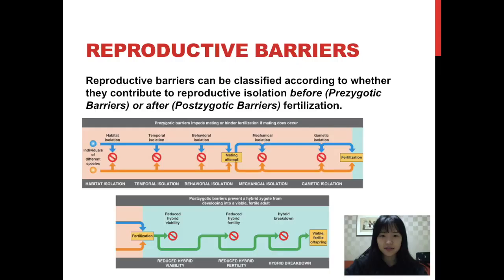It's formed of prezygotic barriers and postzygotic barriers. Prezygotic barriers include habitat isolation, temporal isolation, behavioral isolation, mechanical isolation, and gametic isolation. Postzygotic barriers prevent the zygote from developing into a viable, fertile adult, and this includes reduced hybrid viability, reduced hybrid fertility, and hybrid breakdown.